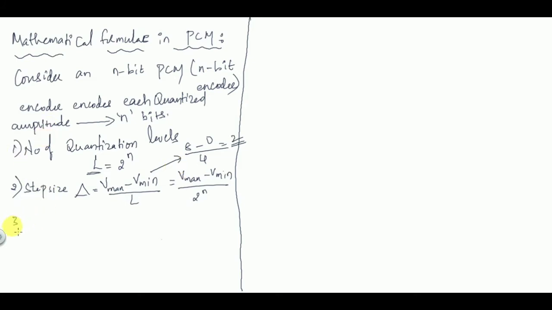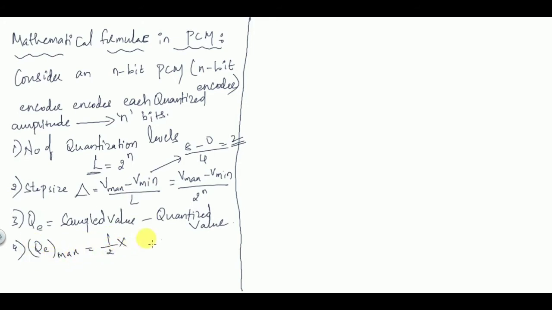Next, third is quantization error. QE is equal to sampled value minus quantized value, or sampled amplitude minus quantized amplitude. Next, fourth, maximum value of QE: QE maximum is equal to half into step size. This I have already shown you in my previous video.